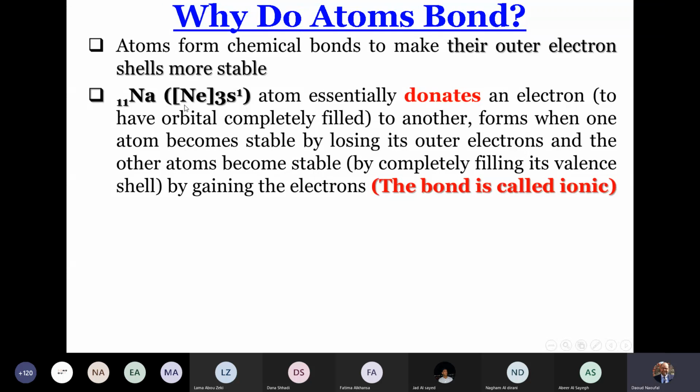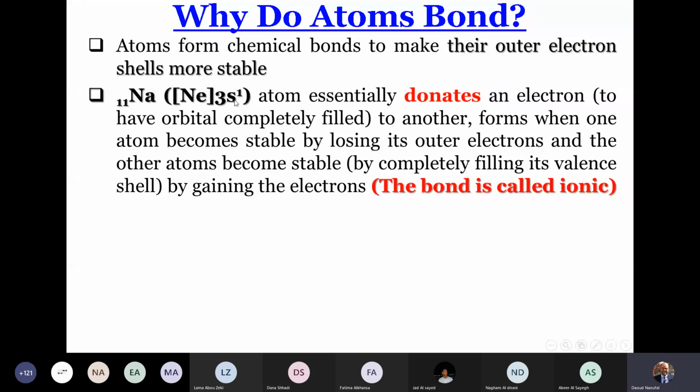In the case of sodium, the electronic configuration is [Ne], neon, 10 core electrons, 3s1. According to this electronic configuration, sodium should gain 7 electrons in order to have the orbitals on shell 3 completely filled, or the sodium should lose 1 electron.